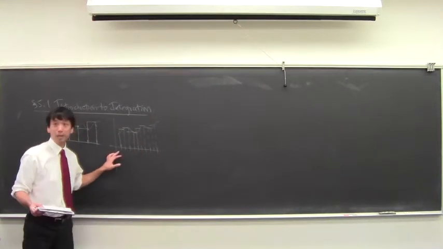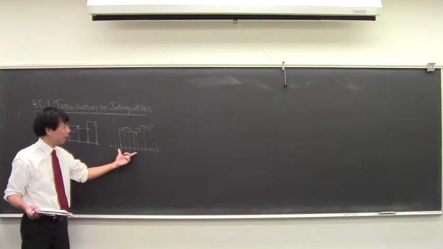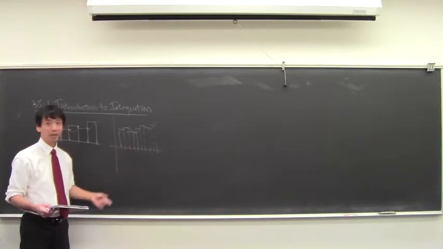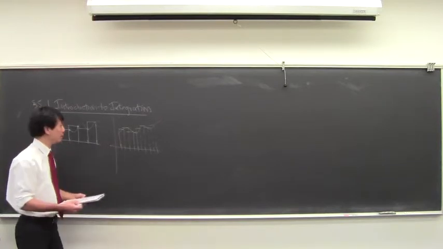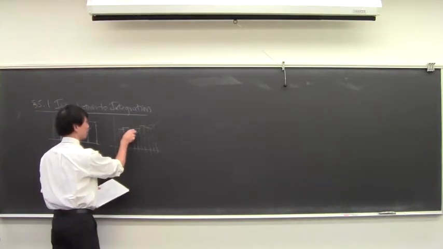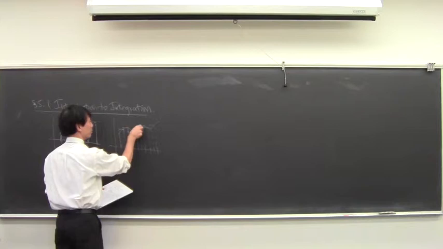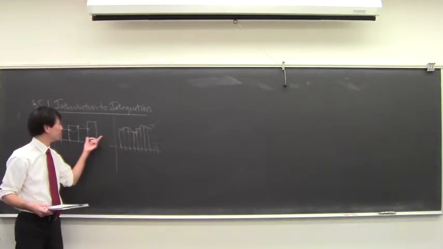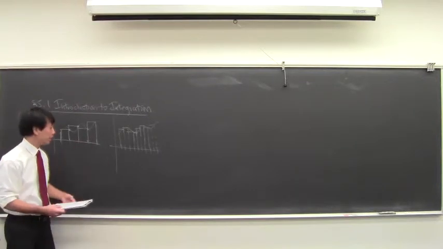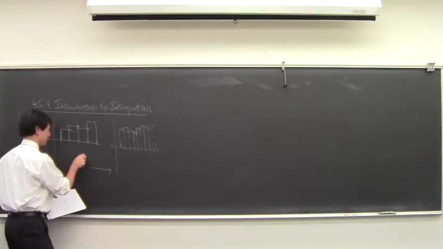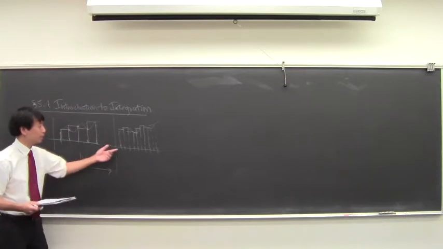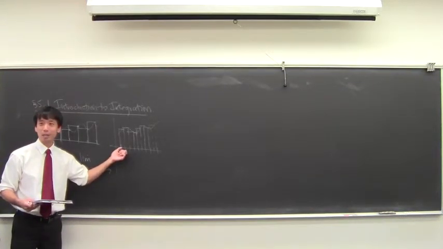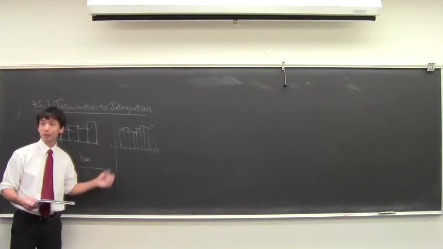Then I'm going to do the same thing, but with rectangles with finer bases, and that will give me another area which is wrong, but maybe a little bit better than the first one. And then I'm going to take the limit as the size of the bases gets smaller and smaller, and maybe that's how I'm going to figure out what the area under the curve is.